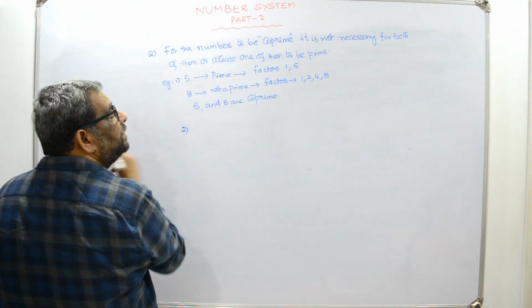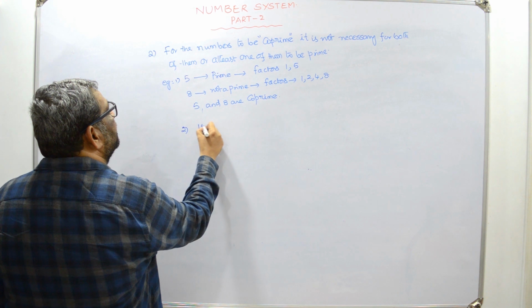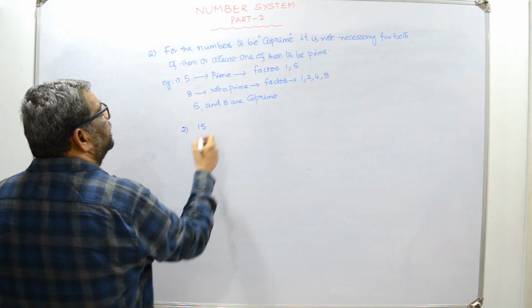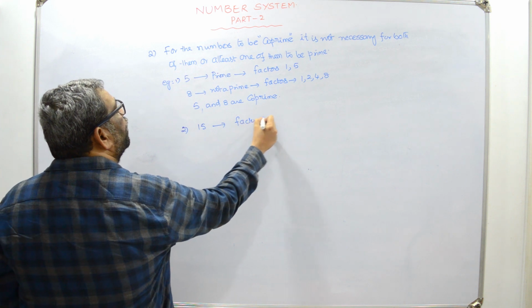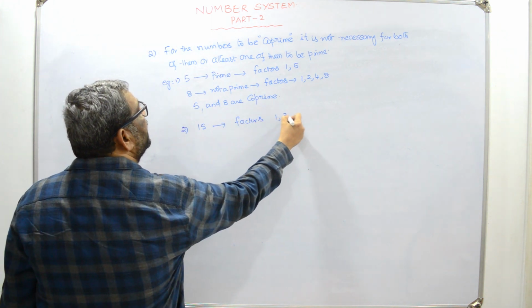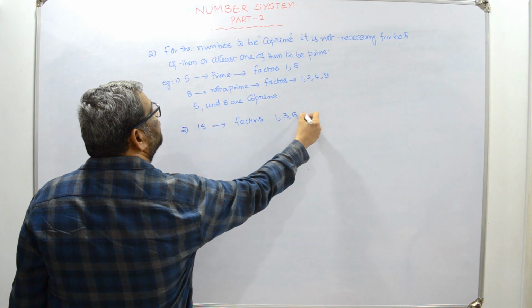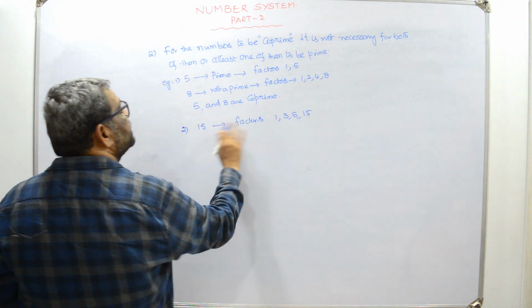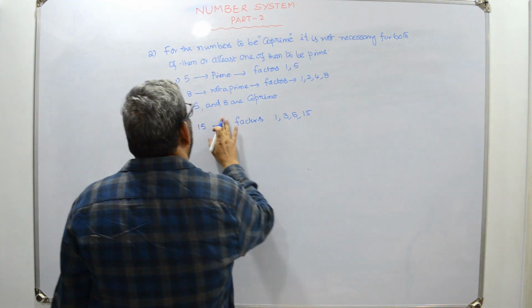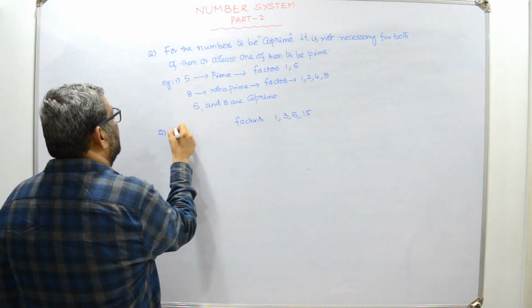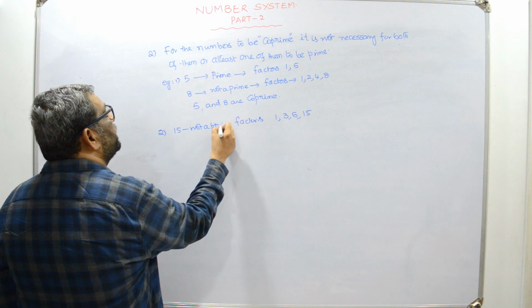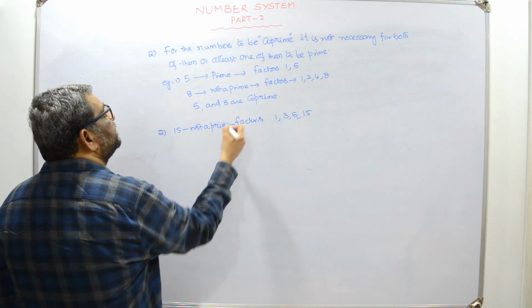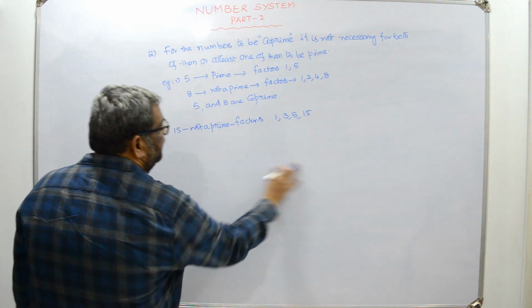For example, 15. The factors of 15 are 1, 3, 5 and 15. This is not a prime.